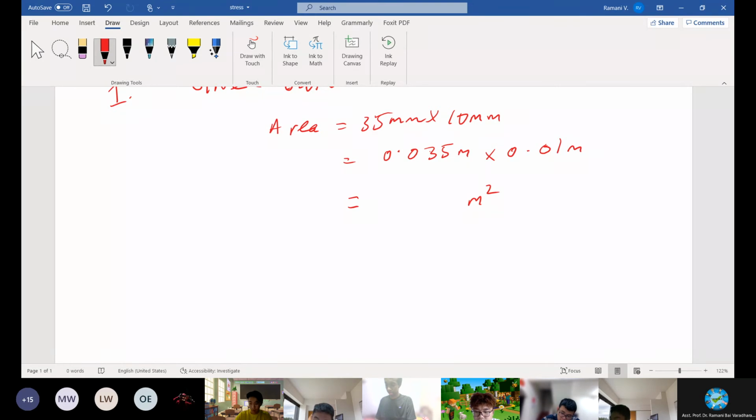The next data given to you is the continuous bar. If you want, you can draw the bar also. Come on, what is the answer, please? The loads are given in the diagram.